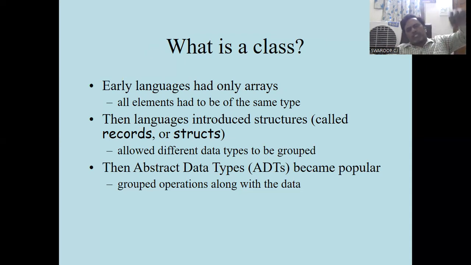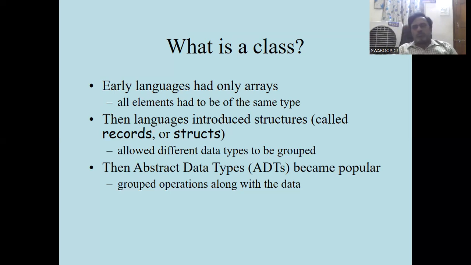What is the difference between structures in C and classes in Java? Structures contain only the member data, whereas classes contain the member data as well as the methods.